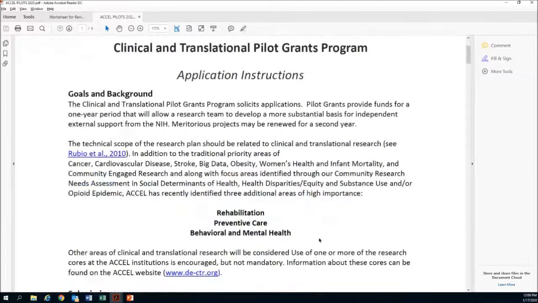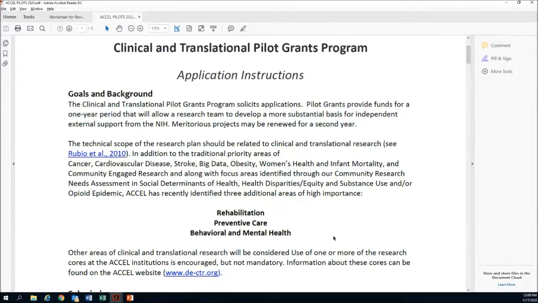That said, one way to think about this, at least from my perspective on the professional development core, is when these grants go in, best science wins. If you're not in these areas, though it's hard to not be in one of these areas, and you have the best proposal and the best scored proposal, then you're going to be considered for funding. These are just areas that they would like to see grants come in for.